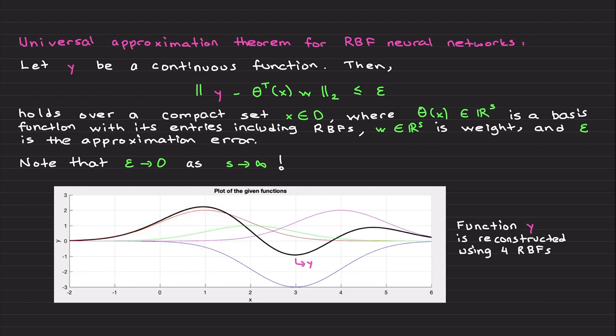And if you go and calculate, if you sum, let's call them y1, y2, y3, and y4, you are going to get exactly this black line. As you see, we approximate this black function using 4 radial basis functions. But I did this by hand, which can be really painful, and I don't suggest that.